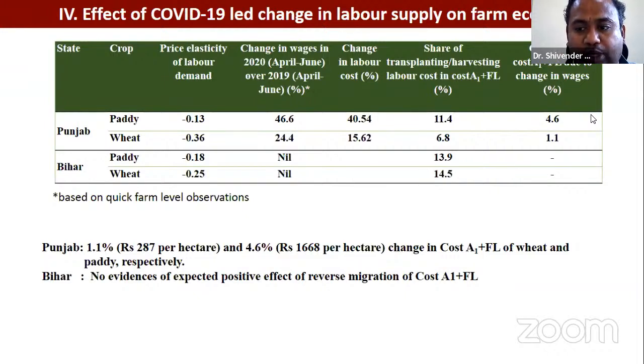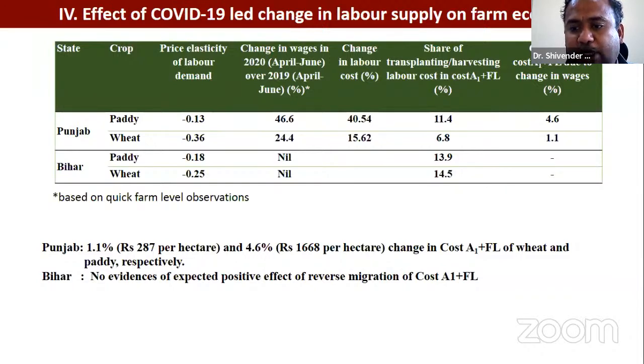So when there was a lockdown, there was a problem in the movement of labor for quite some period. After that they opened, but the operations might have got affected. Based on this, we estimated the demand elasticity of labor. We also estimated for Bihar, because most of the labor, mainly from urban areas, went back to rural areas, which might have led to an increase in the supply of labor.